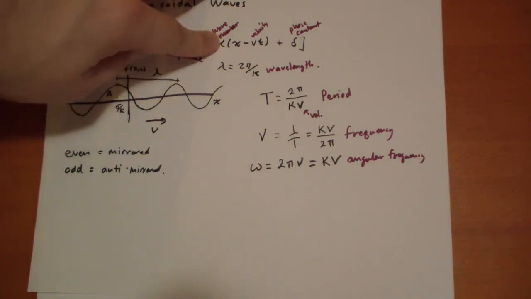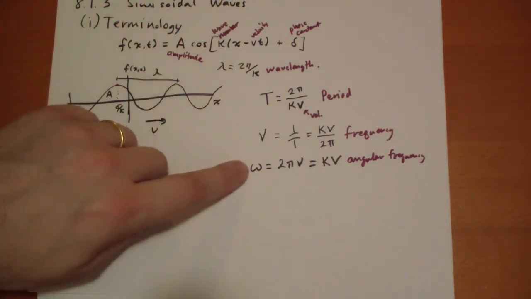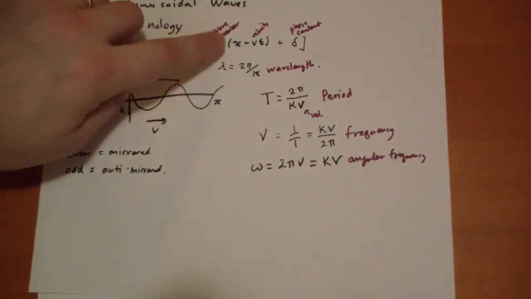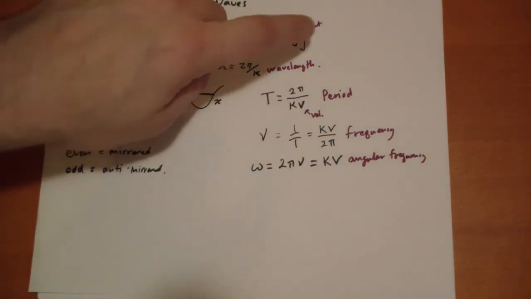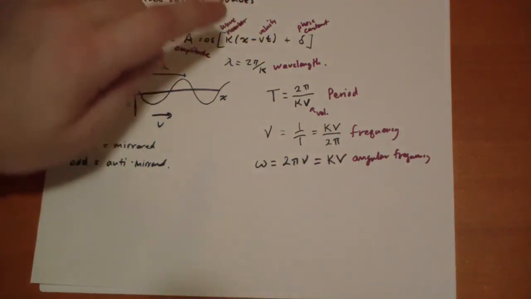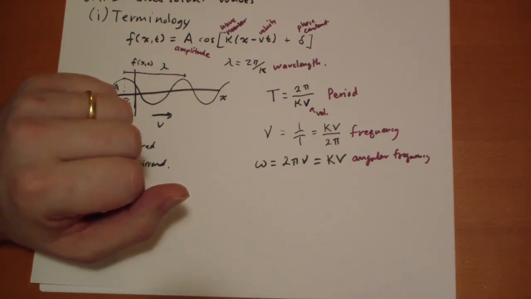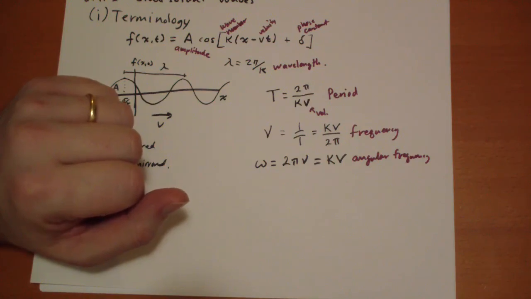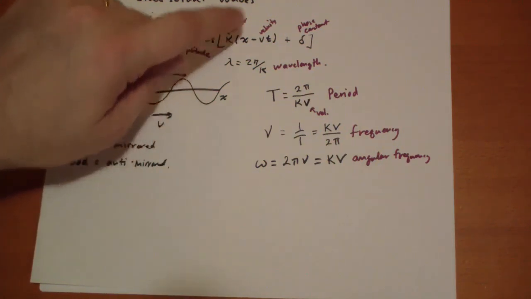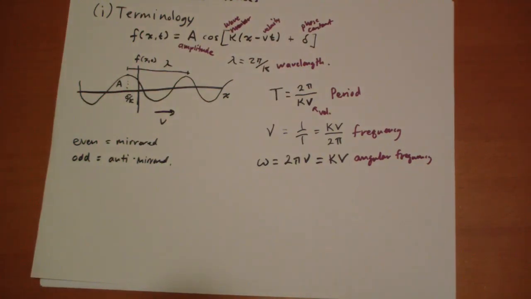If you distribute this kappa, well, kappa v is just omega. Right here, kappa v. So you can have kx minus omega t minus delta, or negative kx plus, no, I feel dumb now. They have it wrong here, I think. Yeah, kx minus omega t plus delta could be another way to write this function.